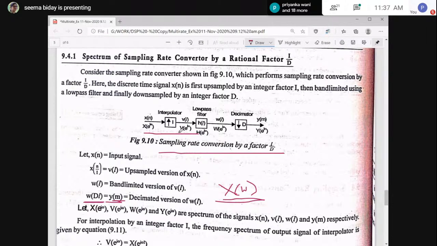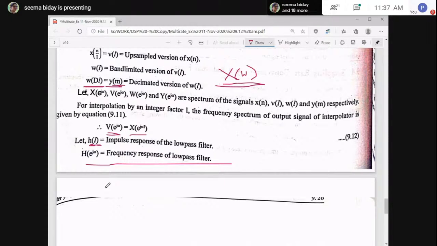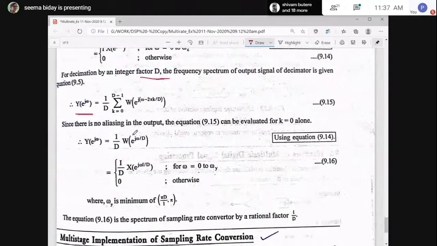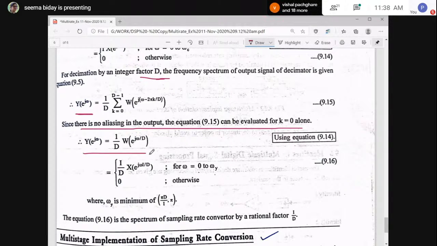In the interpolator we have seen what the effect is. In the decimator also, what is the effect? Now write down this. Since there is no aliasing in the output, the equation can be evaluated for k equal to 0 alone. So Y(e^jω), that is the output spectrum, equals W(e^(jω divided by D)).